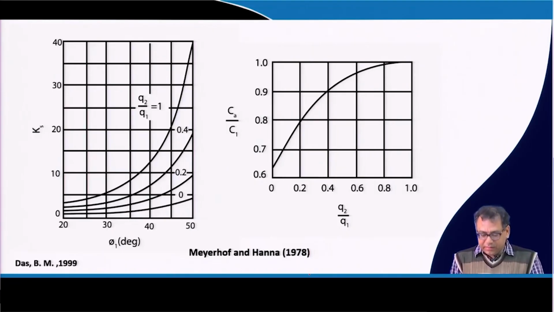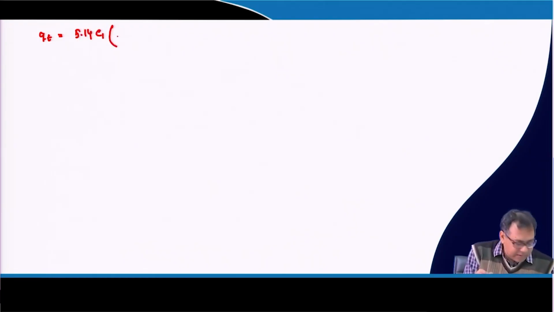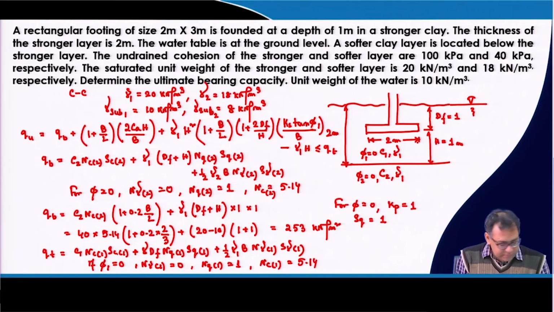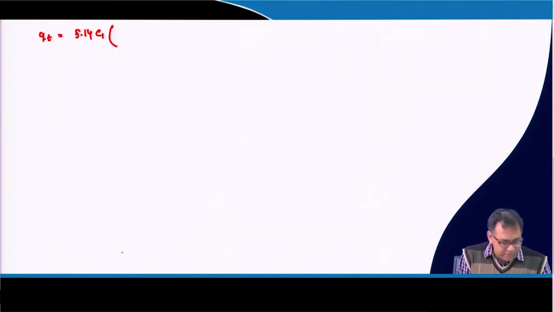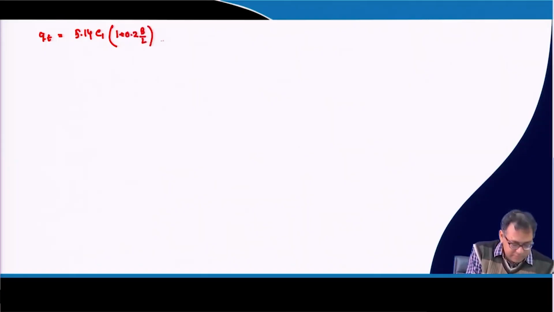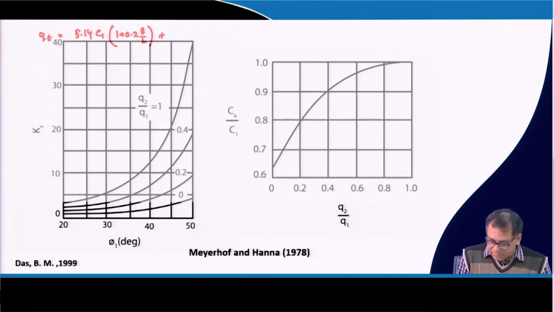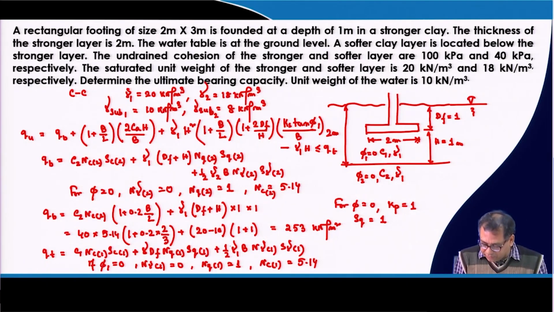So, now if I calculate the QT in this condition, it will be C1 times 5.14, that is the bearing capacity factor, then Cu1, then the Scu1. Scu1 is the same as the Meyerhof recommendation, which is 1 plus 0.2 B by L, then plus gamma df.